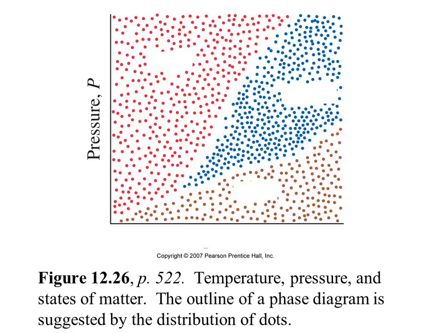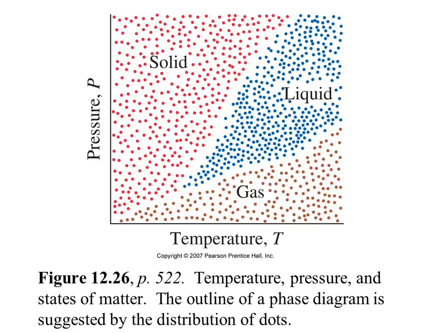We always put the pressure along the y-axis and temperature along the x-axis. Increasing pressure going up, increasing temperature going from left to right. So here's your 3 colors: solid, liquid, and gas. Those are your 3 main phases. Can you see the Y in that?